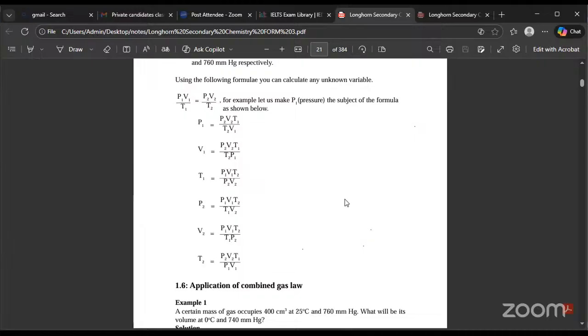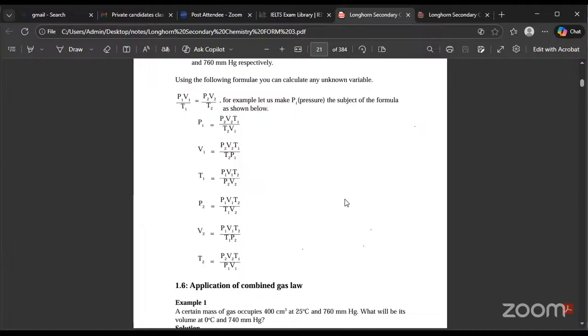Now, example number one: a certain mass of gas occupies 400 centimeters cube at 25 degrees Celsius and 760 millimeter mercury. If I was the person setting this question, I would have changed it.